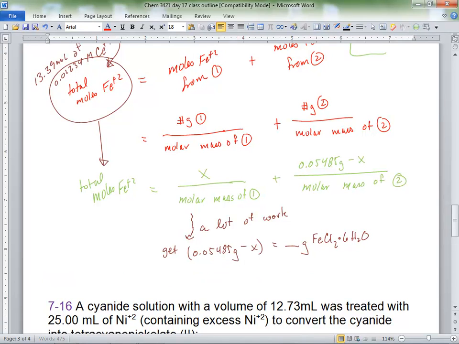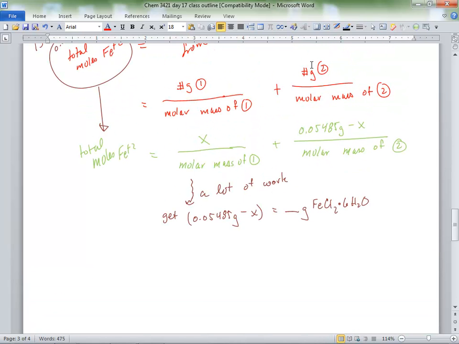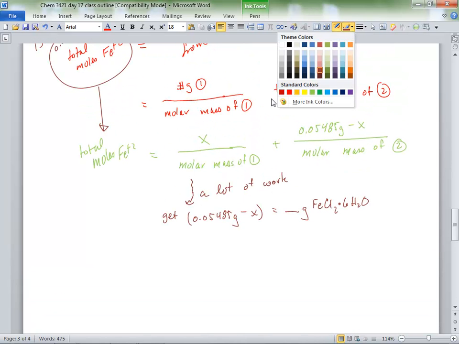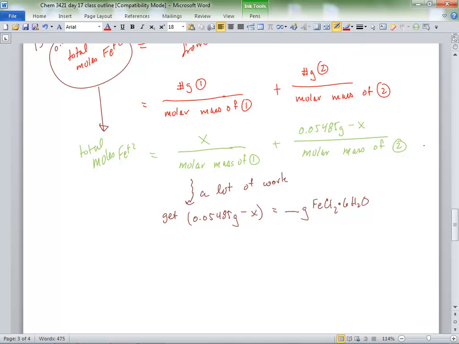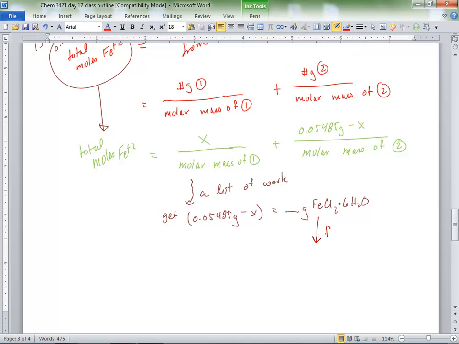So then what you need to do is a final step. Start with those grams of FeCl2 6-hydrate.